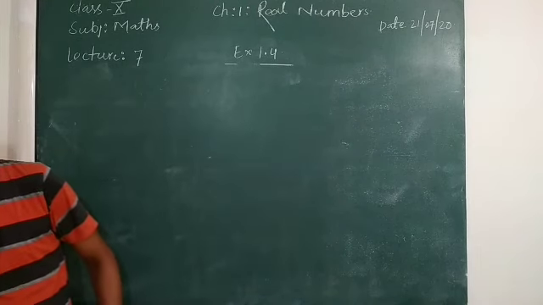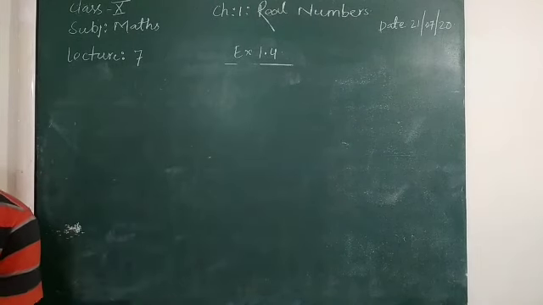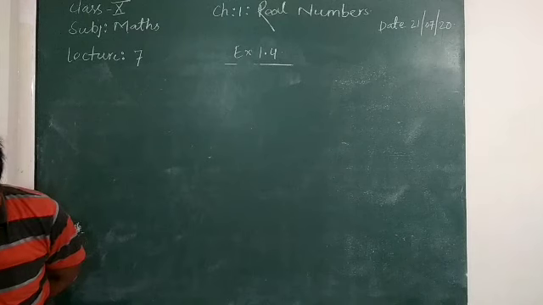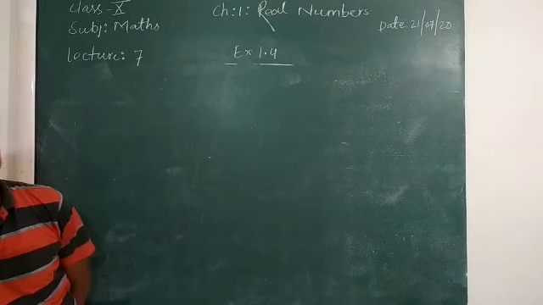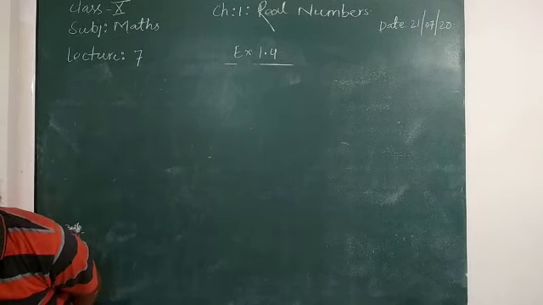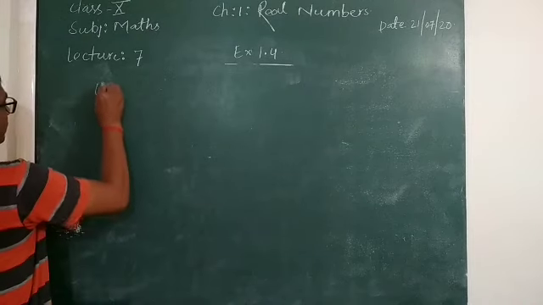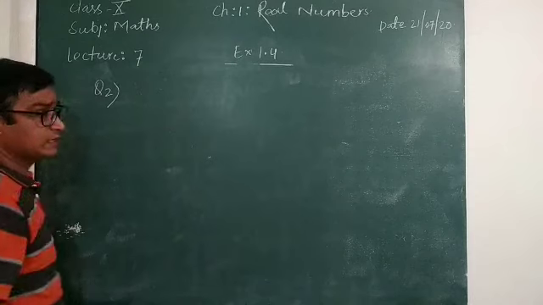Now question number second is given. Write down the decimal expansion of those rational numbers in question 1 above which have terminating decimal expansion. So question number 2 is about terminating decimal expansions.